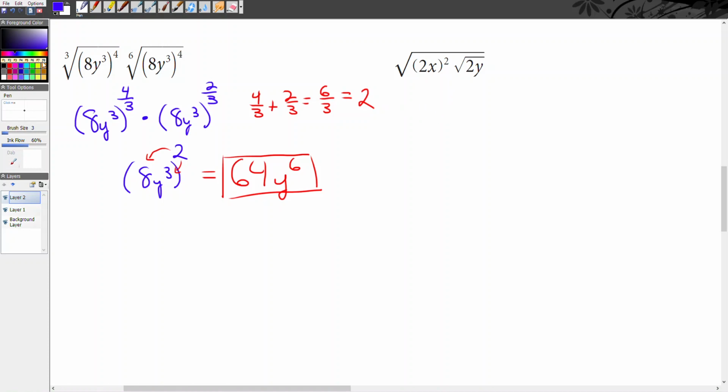I'm going to have my parentheses here, and inside I'm going to have my 2x squared and my radical 2y. And instead of putting that in a radical for square root, I'm going to use a rational exponent. So that is to the half power.